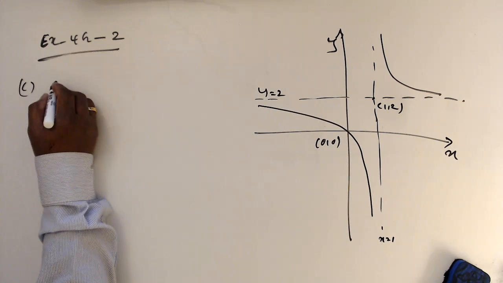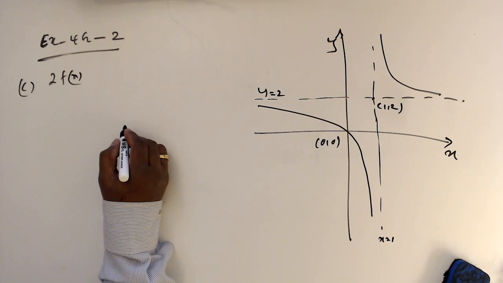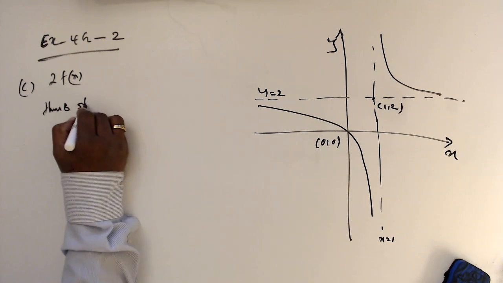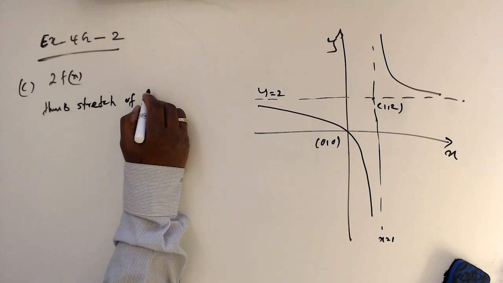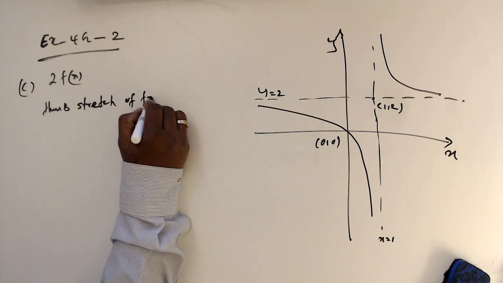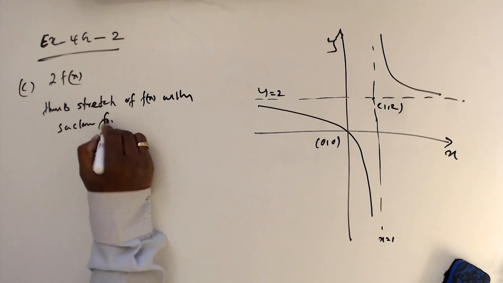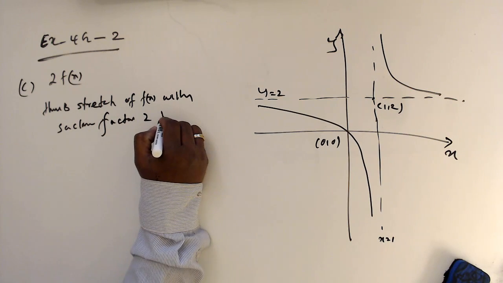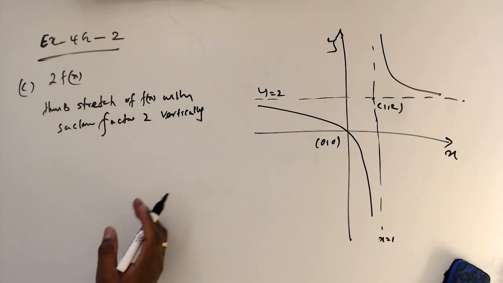Now part C is 2f(x). Now this is a stretch of f(x) with a scale factor of 2 vertically in the y direction.